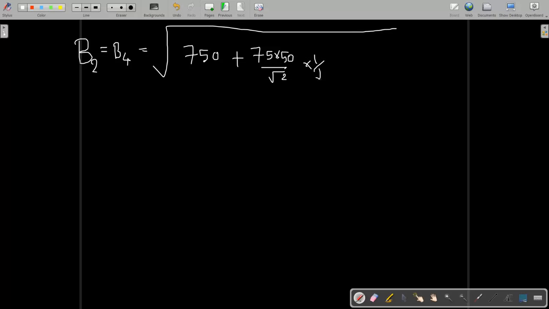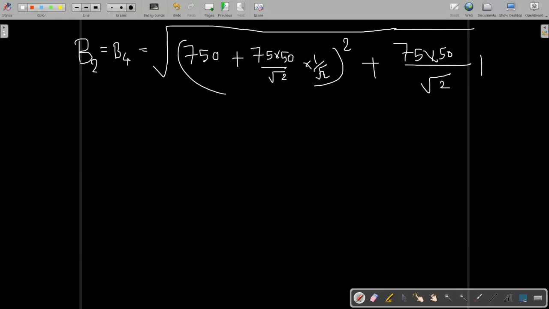Multiplied by 1 by root 2, this becomes 2, and this is whole square, plus the sine component is the same again, due to 45 degree symmetry, multiplied by 1 upon root 2, whole square.